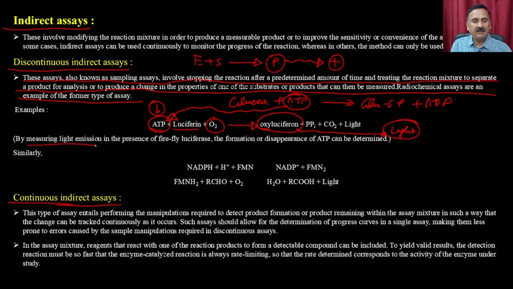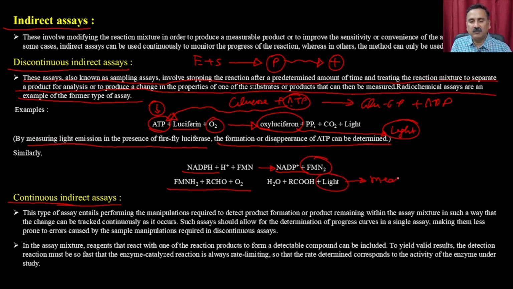By measuring the light emission in the presence of firefly luciferase, the formation or disappearance of ATP can be determined. Similarly, you can have NADPH and FMN giving NADP plus, and here FMNH2 is formed, which can be put into this reaction to produce light, and that light can be measured.